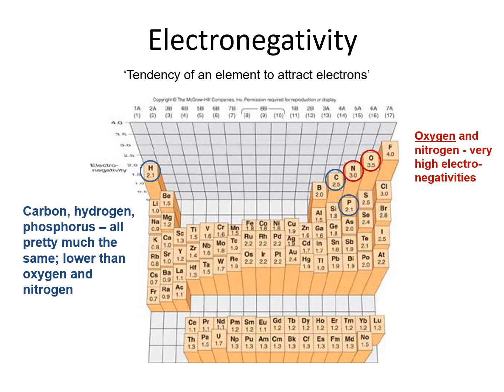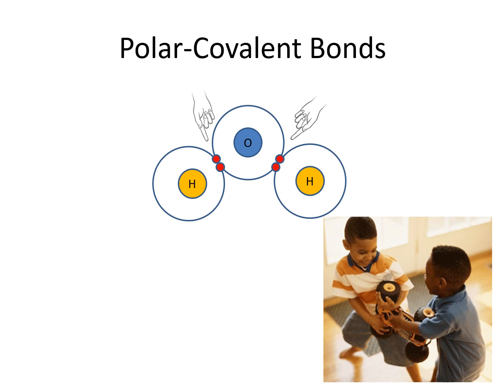If we bring hydrogen and carbon together, because they have similar electronegativities, they will share the electrons pretty much equally. So we have 2 types of covalent bonds. In both types, electrons are shared, but in polar covalent bonds, the electrons are not shared equally.